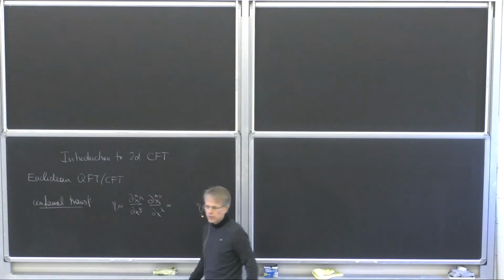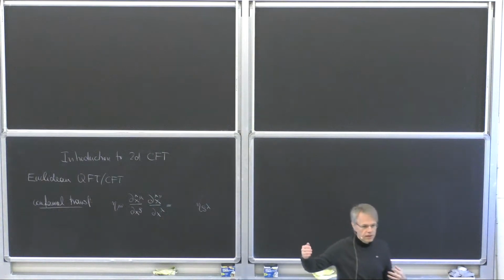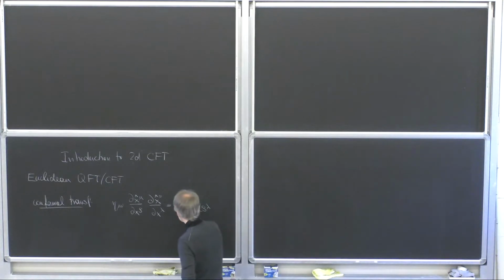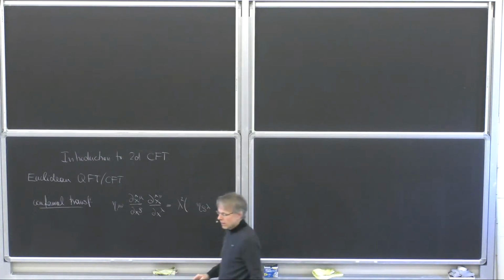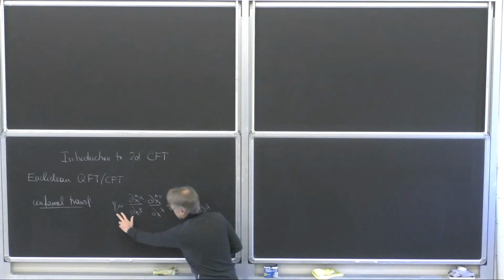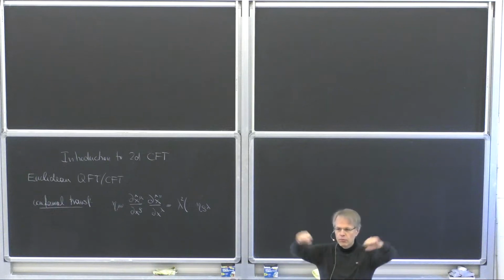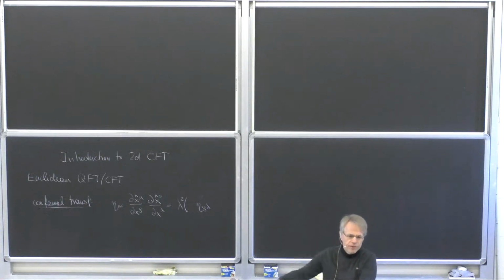But for conformal transformations, since I don't insist on length scales being invariant, but only angles, I can allow for an overall factor. This would just rescale the metric, but the angle is the inner product of 2 vectors divided by the norms, and that is invariant under rescaling the metric.